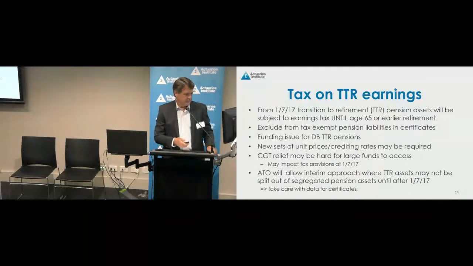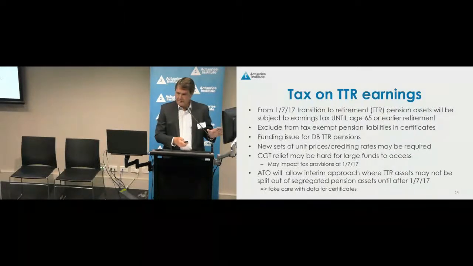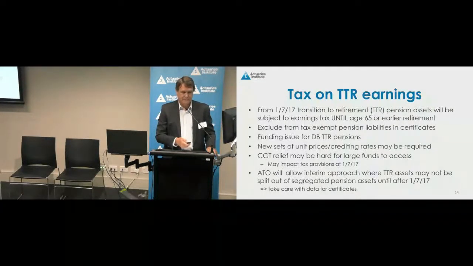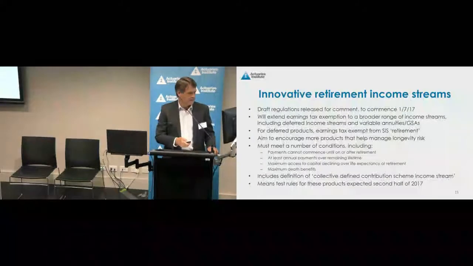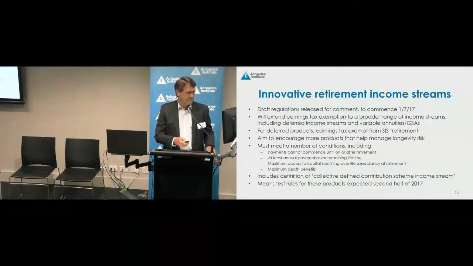There is some relief referred to in the legislation that for segregated portfolios, there's a need to rearrange the assets to comply with this, and that may take some little time. So some sort of proportionate or improvised method for doing that, complying with legislation, will be permitted in the first little while. And we've also seen recently that there are draft regulations out about the innovative retirement income streams.